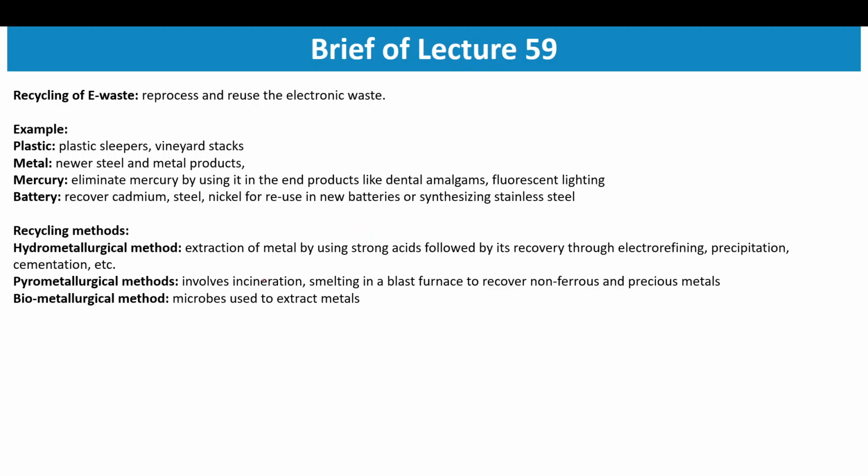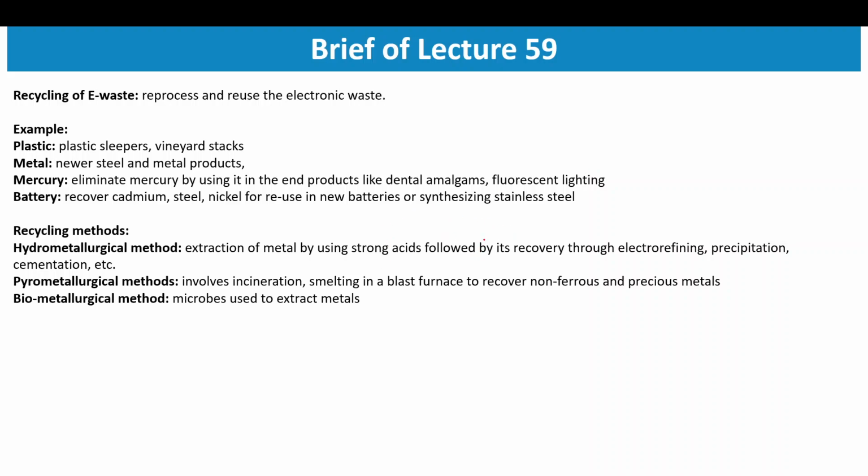Okay. So first, if we talk about the hydrometallurgical method, in this method, what you are doing, okay, so acids have the tendency to dissolve anything. Okay, so it dissolves different materials, but the rate of dissolution will be different for different materials. Now, if we talk about metals, then they are easy to dissolve. So what you are doing, you are extracting the metals which are present in the electronic waste by using strong acids.